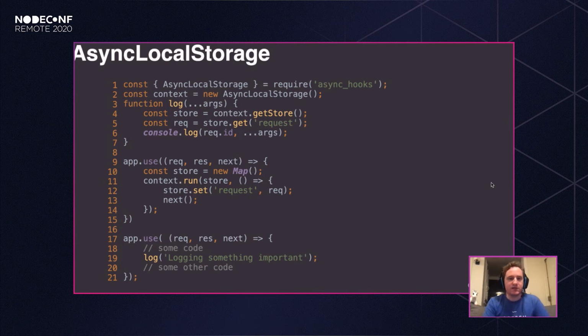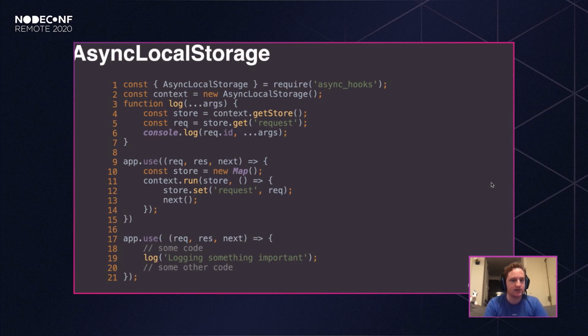On lines 9 to 15, we have the first middleware. What it does is it creates a store, which is just a new Map, and you can use any other value actually. And then, as explained in the previous slide, we call context.run with the store. And what's important is we set request inside the store, and we call next in the callback. And from now on, everything that happens after this single next call on line 13 will have access to the store, meaning that context.getStore will return the map we created and we pushed the request inside.